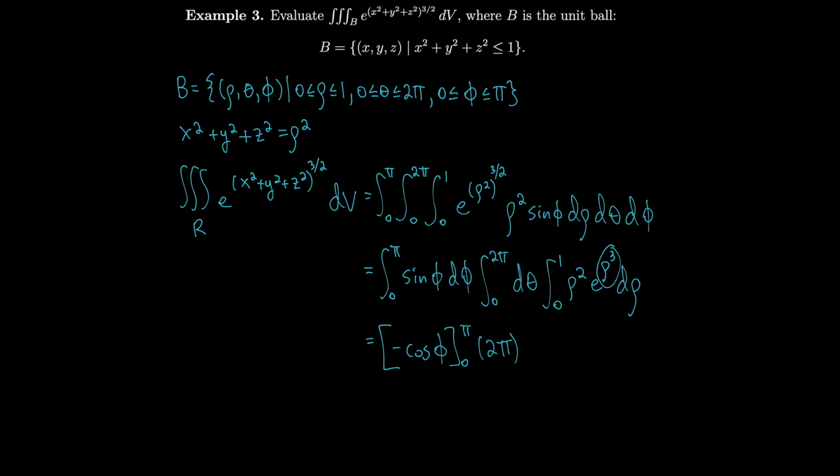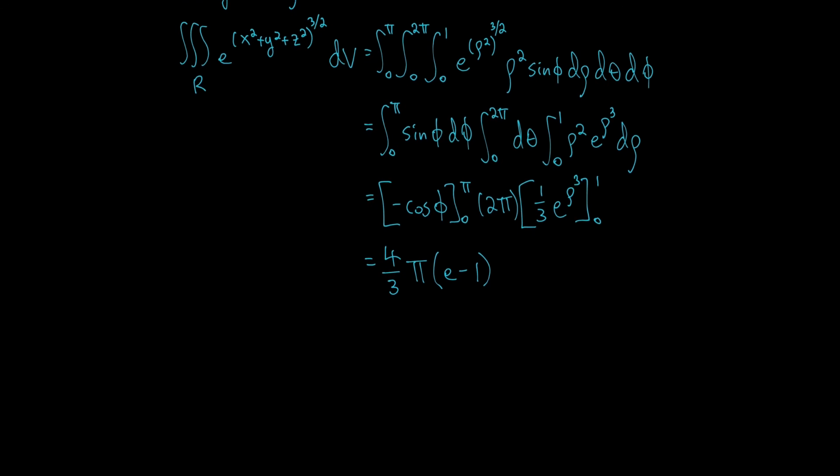Just let u equal ρ³, and then you have 3ρ². So we just multiply by 1/3 to compensate for that. So we get 1/3 e^(ρ³) from 0 to 1. So that just works out to 4/3 times π times (e − 1).